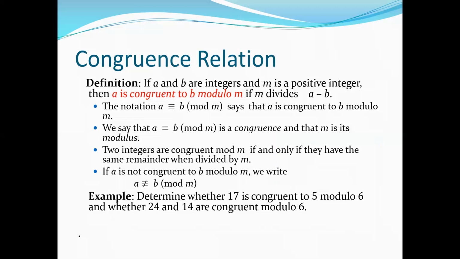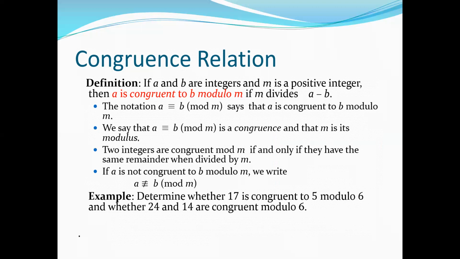Basically, when we subtract a certain value from another number and divide it by m, the result should be an integer. So it means it is congruent.